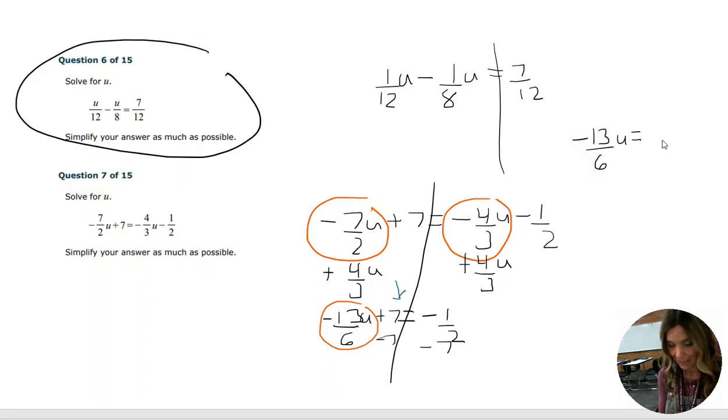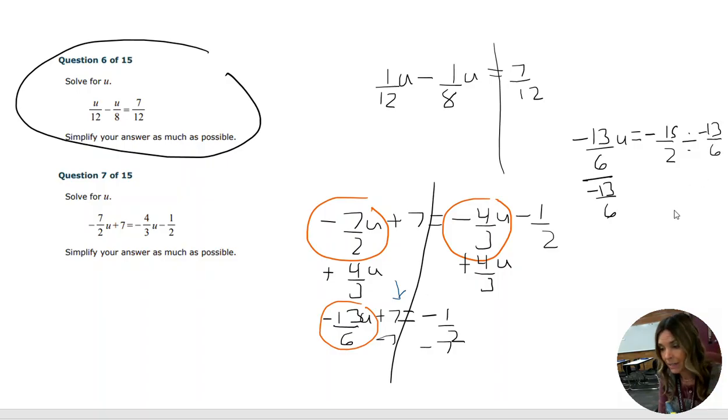I'm going to leave that number in my calculator because I know my very next step is to isolate this variable by getting rid of that multiplication of -13/6. So I'm going to have to divide, which means this -15/2 is going to get divided by the -13/6.